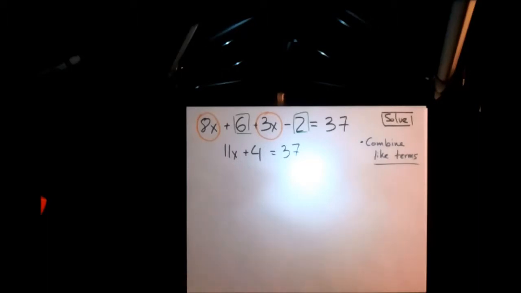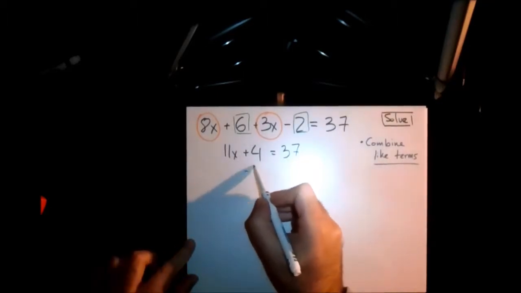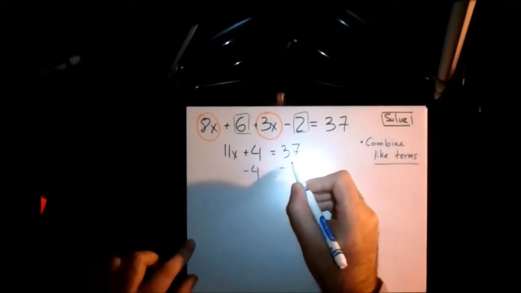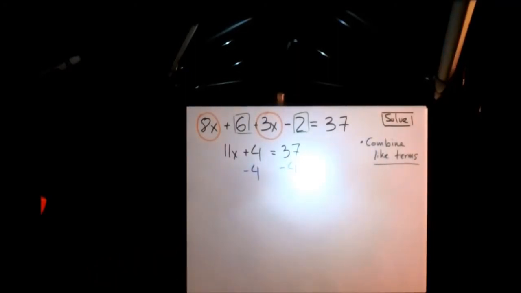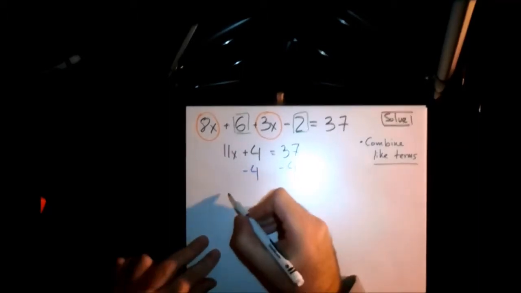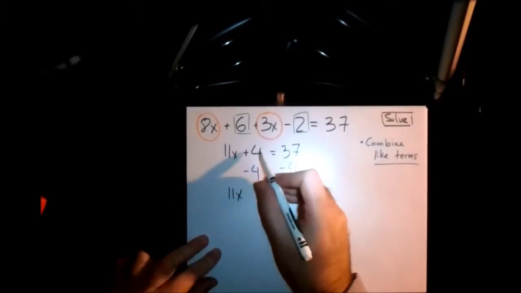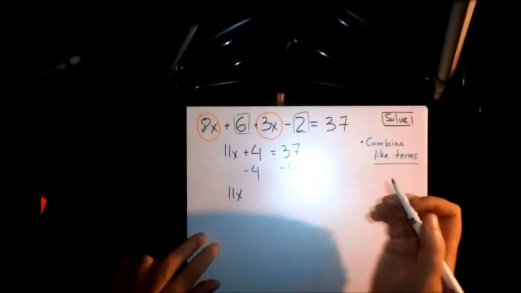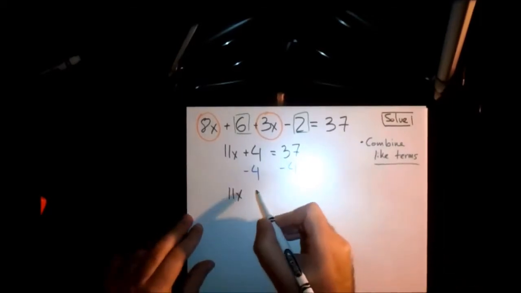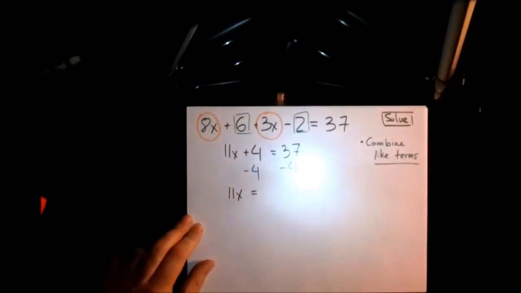And what's the opposite of plus 4? That's right, minus 4. And remember, do it to both sides. Plus 4 minus 4, that's gone. It's plus 0, but we're going to ignore that. 37 minus 4, well, it's 33.